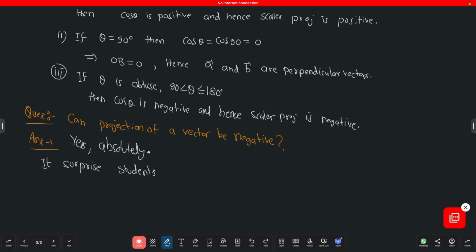It surprises students that scalar projection is like a shadow, a length, and they think it is positive.